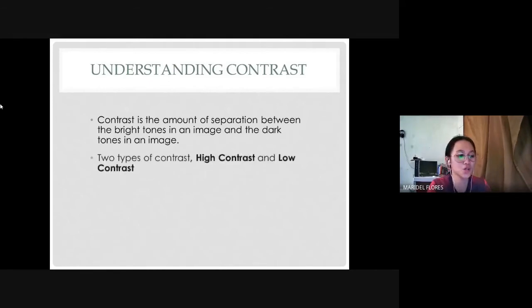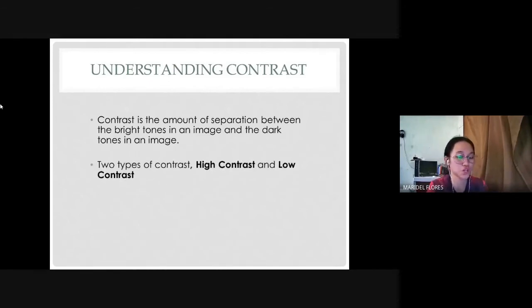There are two types of contrast: high contrast and low contrast. A high contrast image has white tones and black tones and few gray tones in between, while a low contrast image has a lot of different gray tones, but no true whites or true blacks. Again, I'll show you a picture later.